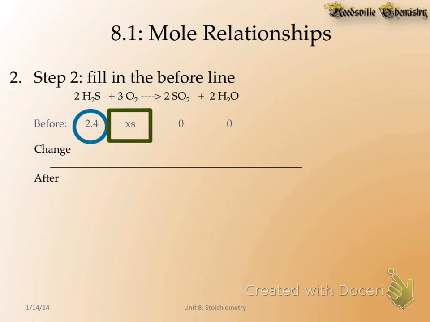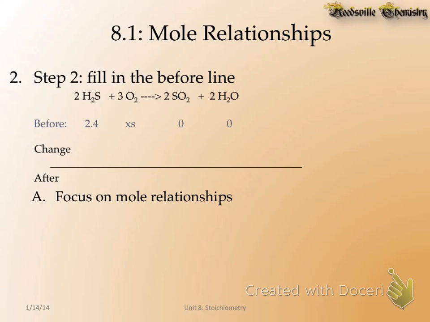And we don't have to write out the entire word excess. We'll just write the two letters X and S. Okay? And obviously, before the reaction has occurred, we have no products, because the reaction has yet to occur. So my moles of products are both 0 in this case. Okay, so that's the before line that we have to fill in.